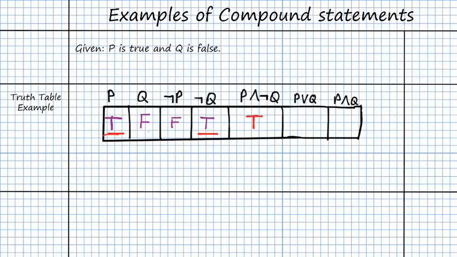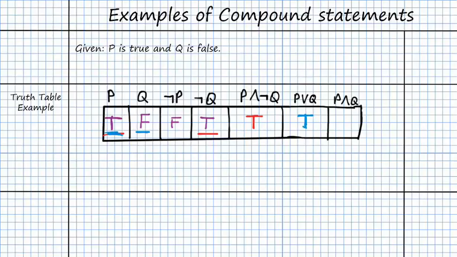Next is going to be P or Q. So again, let's change our colors here. I've got P, that's true. I've got Q, which is false. But this is OR, so I only need at least one of them to be true. Therefore, P or Q is true.